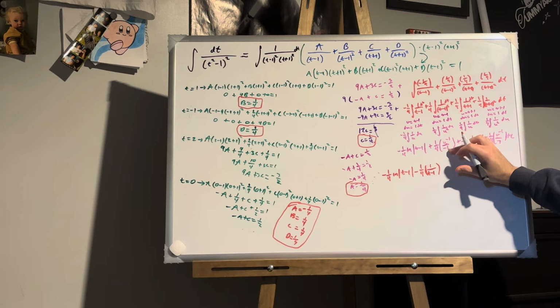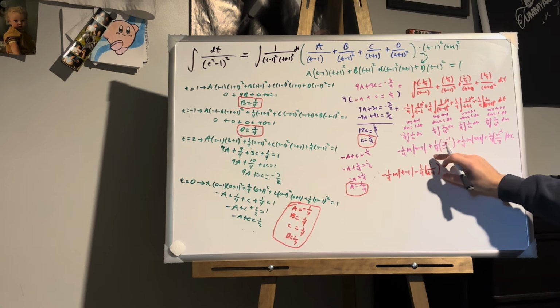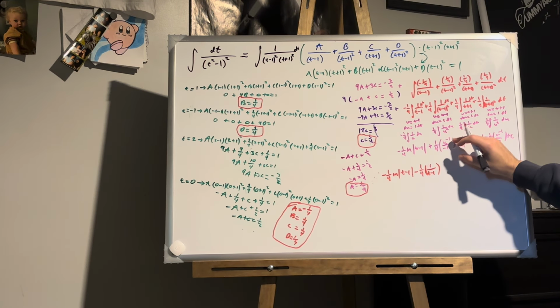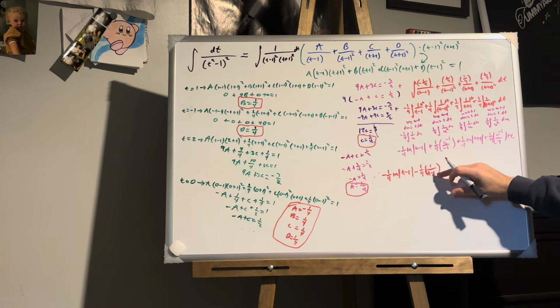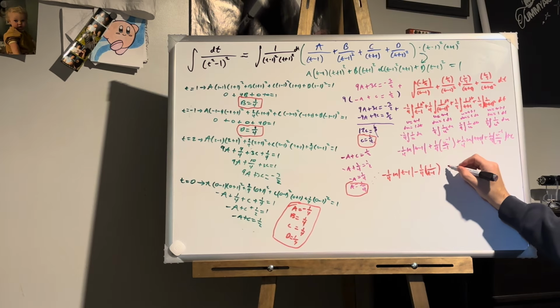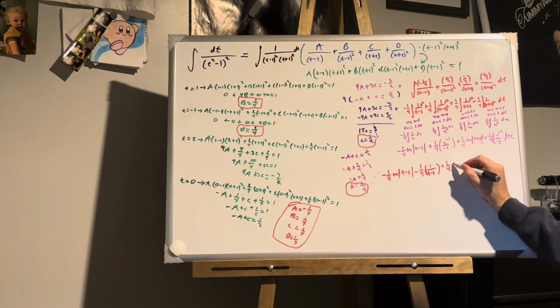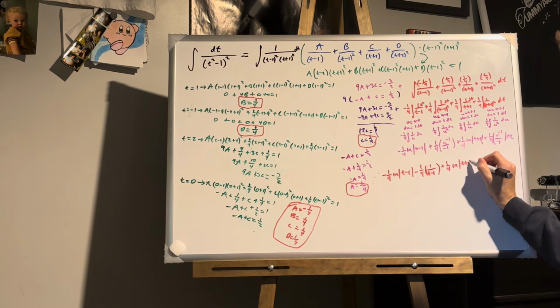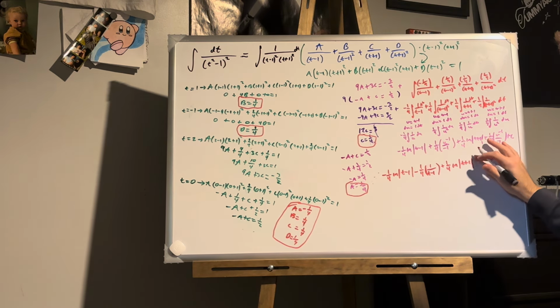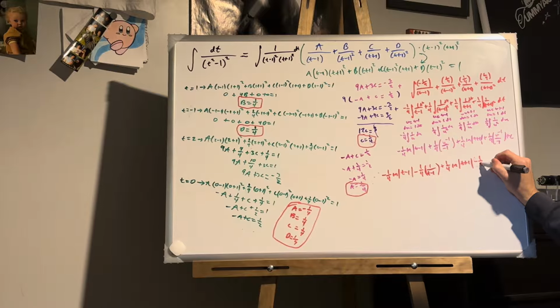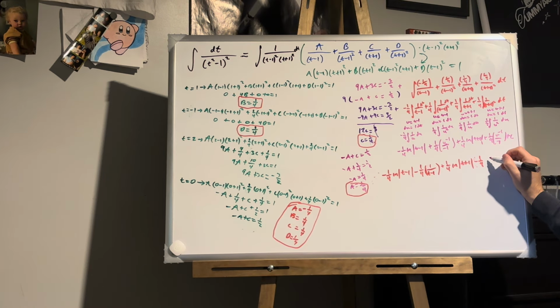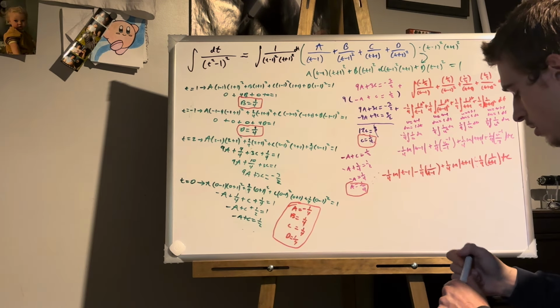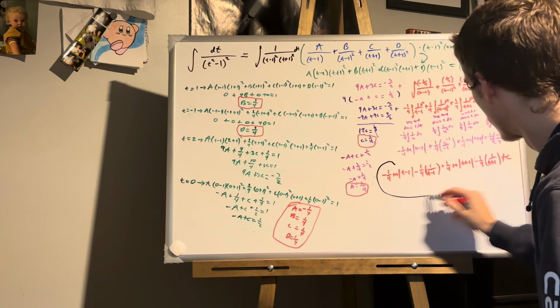Being divided by -1 just means it's negative, so I just pulled the negative out. And then u to the power of -1 is just 1 over u. So I did 1 over u, which is equal to t minus 1. Plus 1/4 natural log of t plus 1, right? Minus 1/4 of 1 over u, which is t plus 1. 1 over t plus 1. All right. There you go. That's the answer.